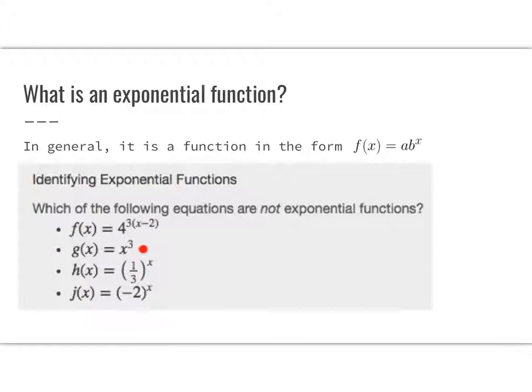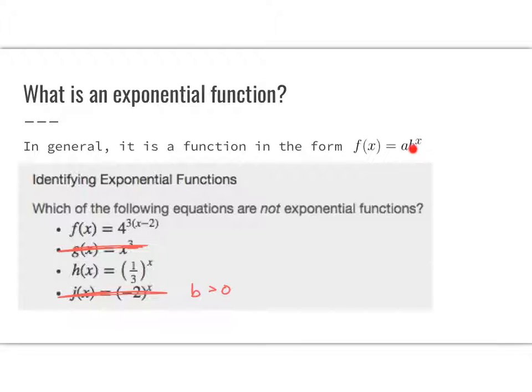So if we look at a few things like this, which of the following are not exponential functions? F of x is. It's a constant raised to an exponent that has variables involved. G of x is not. G of x is a polynomial or power function. You could classify it either way. H of x is, right, 1/3 to the x. And then J of x, we're going to say no. Basically, b has to be greater than 0, right?